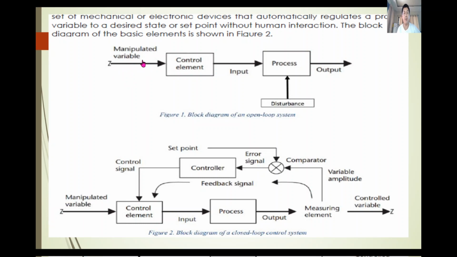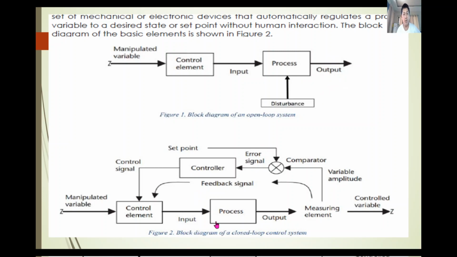So from the manipulated variable, which is your input, being sent to the control element, and then there's an input again to process, and then pass to the disturbance, and after the process there is a result or the output. So it is a sequence of events.